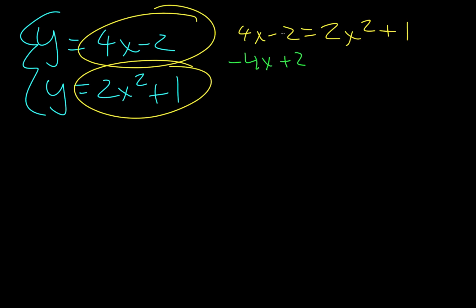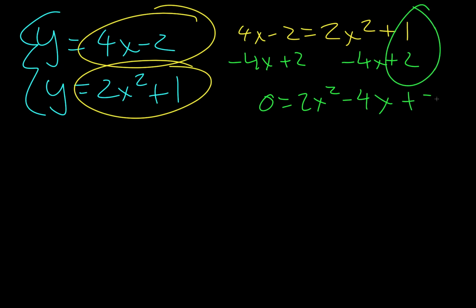So I do the inverse operation, so negative 4x and positive 2. So this side becomes 0, and I get 2x squared minus 4x, and then 1 plus 2 is 3. Okay. Now we can plug this into the quadratic formula. A is 2, B is negative 4, C is 3.